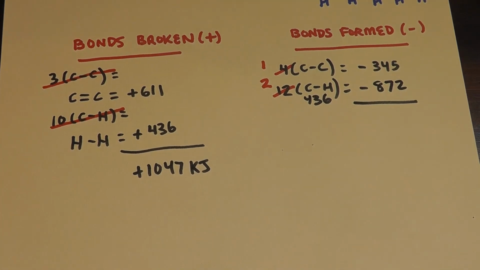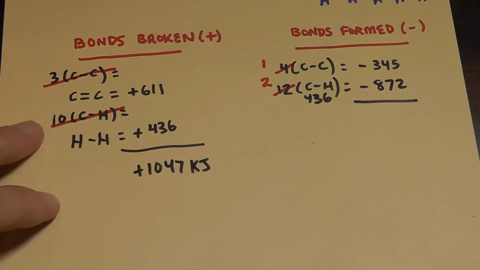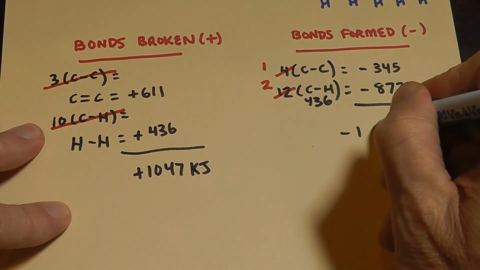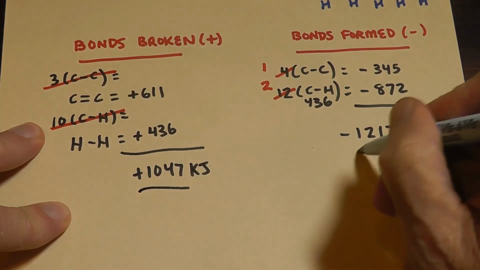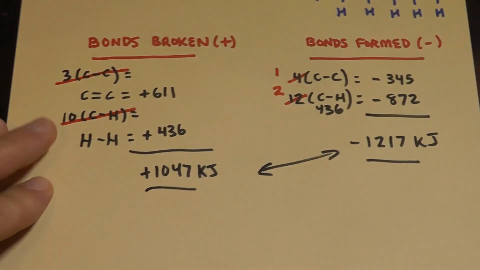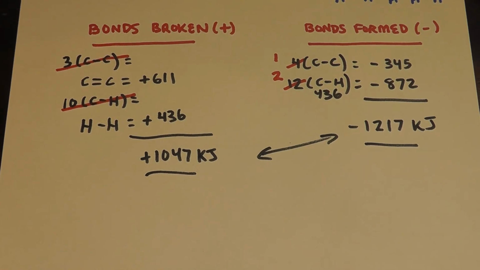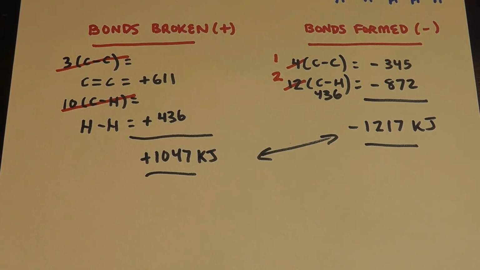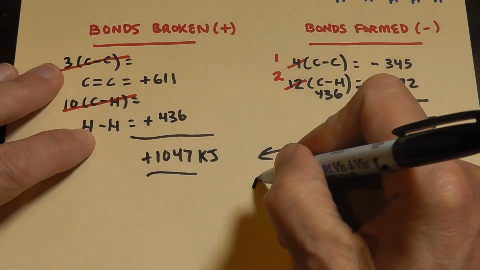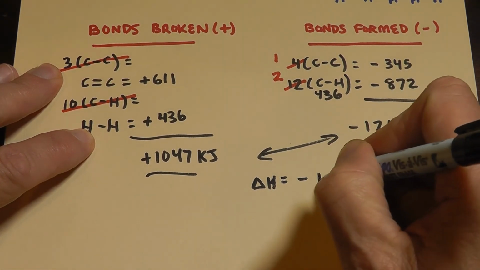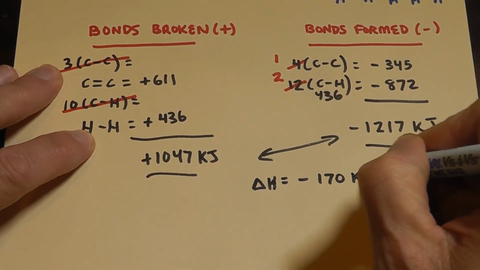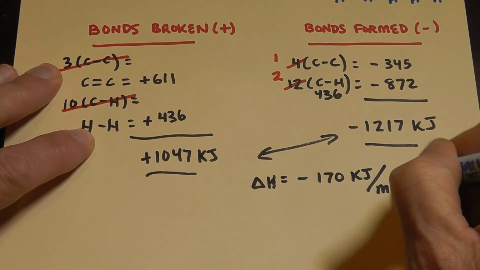Let's add all those up. Minus 1217 kilojoules. Slap those two numbers together, add them together, and the sum of that is going to be exothermic to the tune of minus 170 kilojoules per mole.